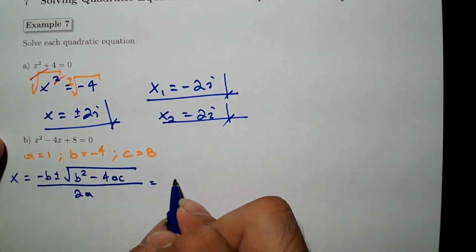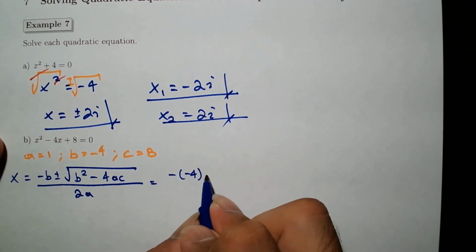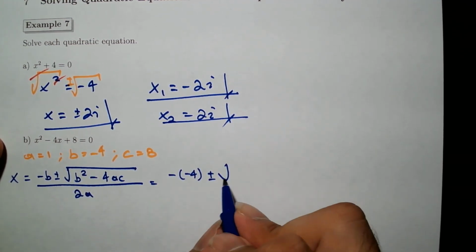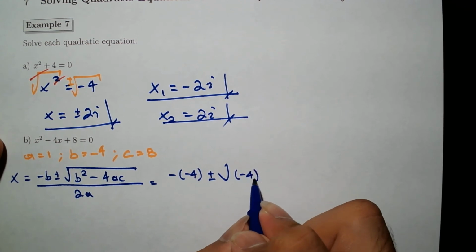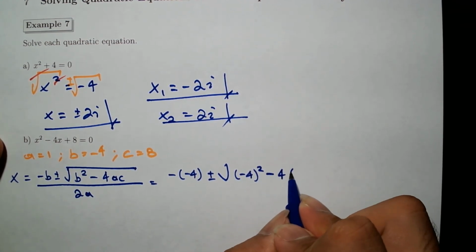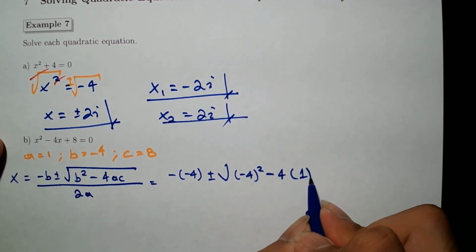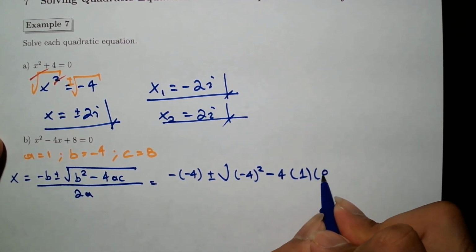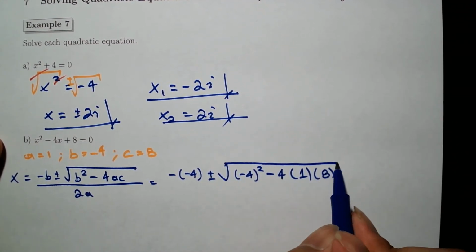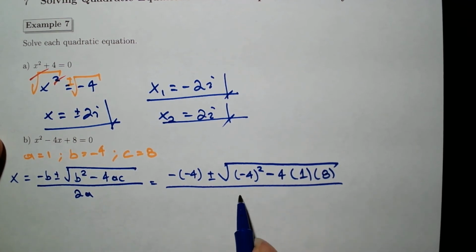So negative b, which is negative negative 4, plus or minus the square root of b squared, which is negative 4 squared, minus 4 times a, which is 1, times c, which is 8, divided by 2 times 1.